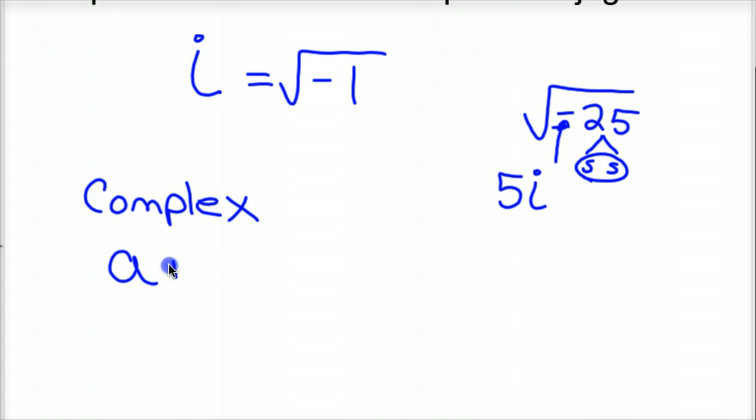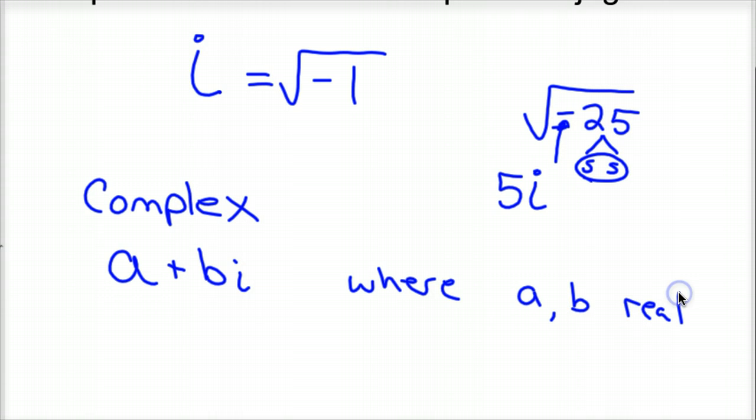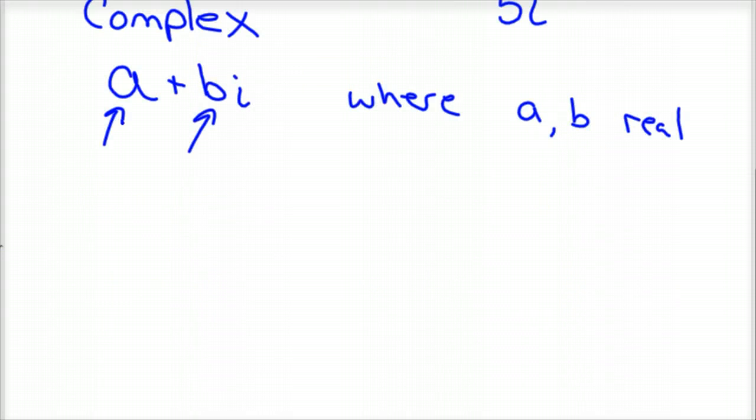They're always of this form, a plus bi, where a and b are real numbers, like the number pi, or 3.1, 3.2, or 2, or 7, integers, natural numbers, whole numbers, the system you've used since kindergarten. So a complex number combines the real numbers with an imaginary. A and b are just any number that you're used to using, and i is the complex part.